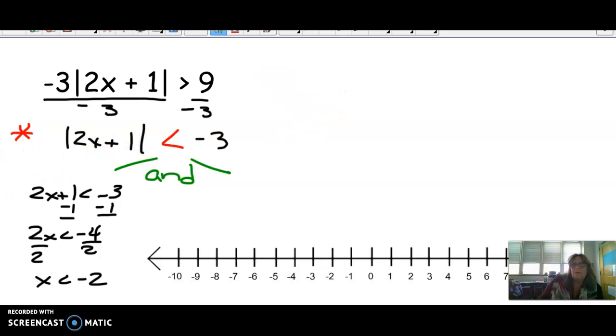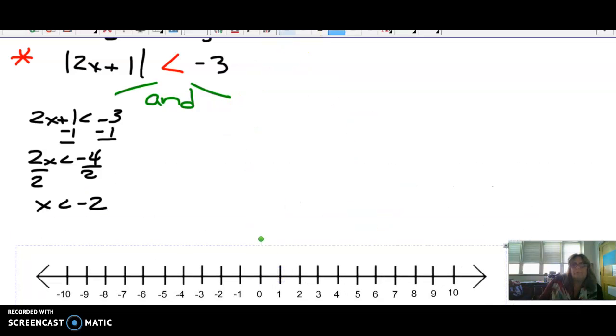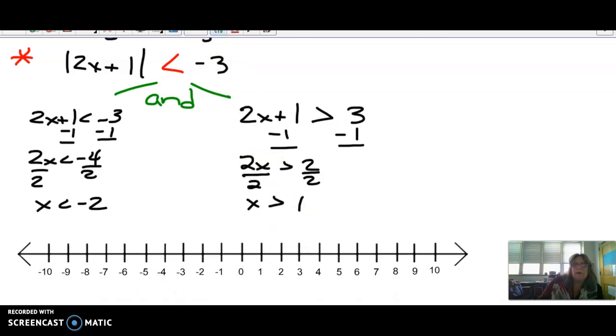If we start doing the next part of the problem, move our number line out of the way, then what we have is 2x plus 1 greater than positive 3. Subtract 1. 2x is greater than 2. Divide by 2. x is greater than 1. Okay, no lines underneath our inequality signs, so we'll have open circles when we go to graph it.